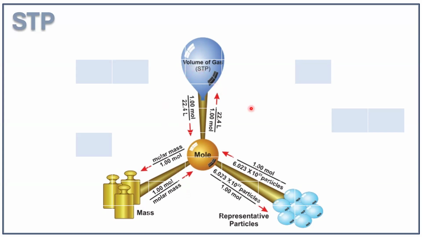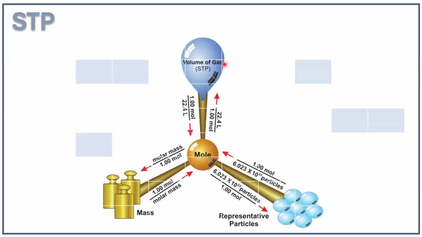So this is how you can convert different relations. If you have 1 mole, you can find the mass of that 1 mole, or the volume occupied by that particular substance. Okay. So keep in mind that if you want to find the volume of 1 mole, it should be a gas, not a solid or liquid, because those have specific volumes.